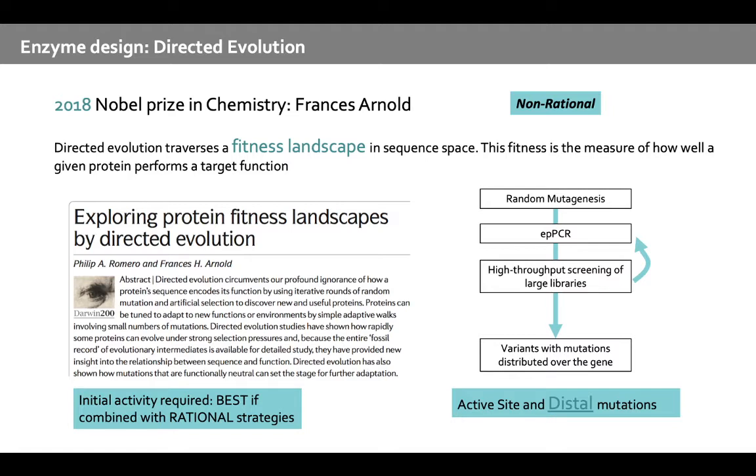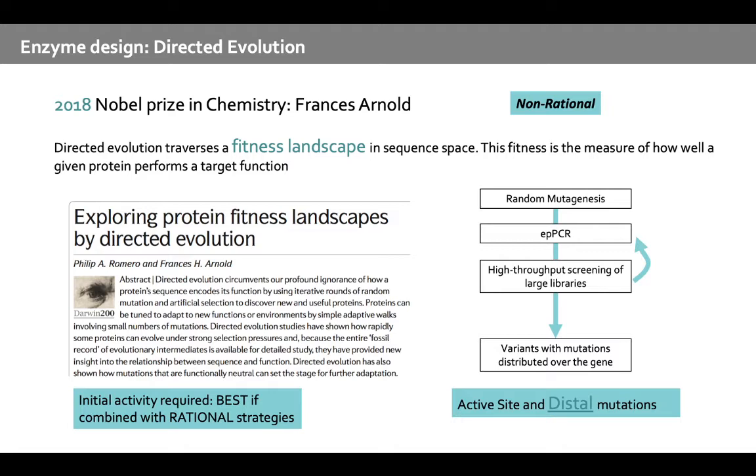For that reason, this strategy is best if it's combined with some rational strategies at the beginning. Most of the enzymes that have been dramatically evolved through directed evolution have had some rational approach involved. And with this very small initial activity, you can boost it and have variants that are very, very active.